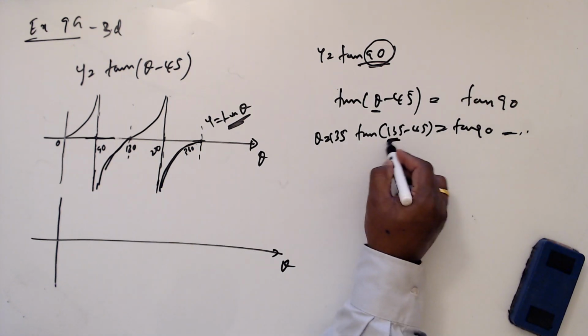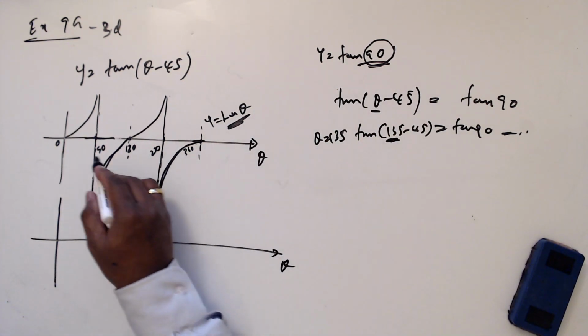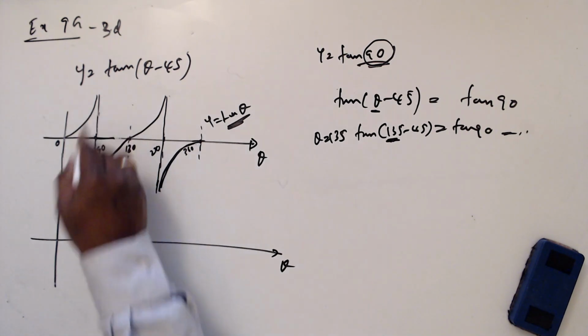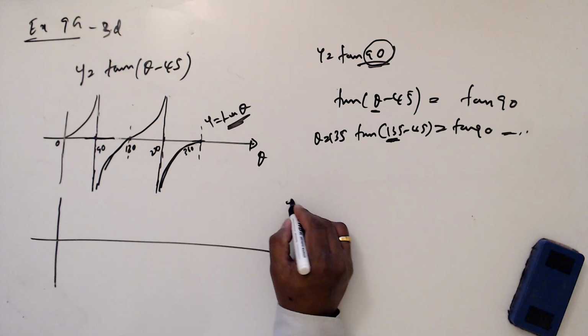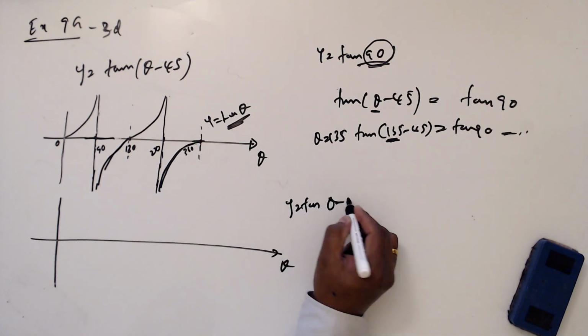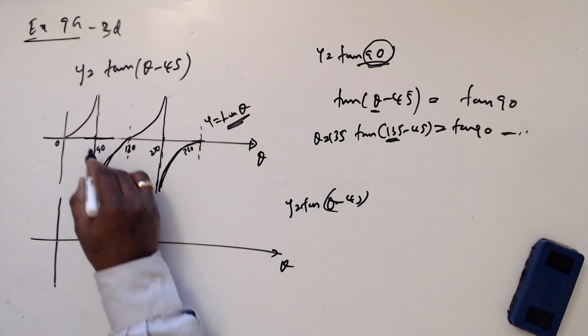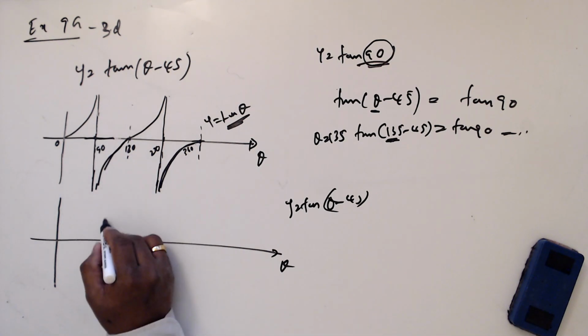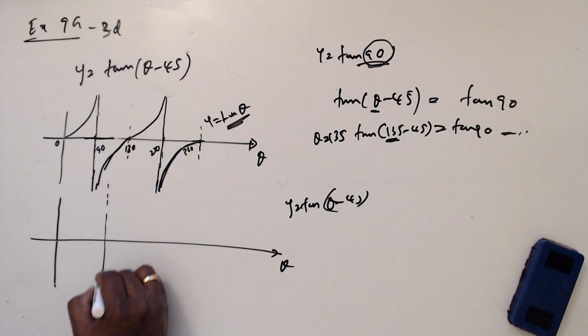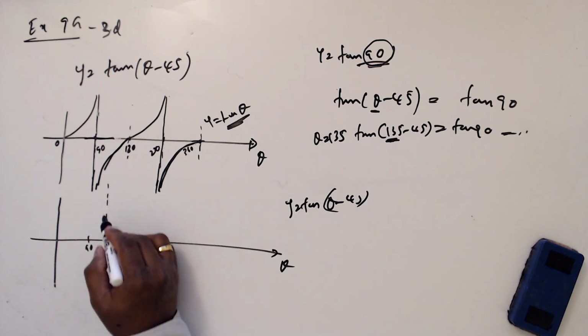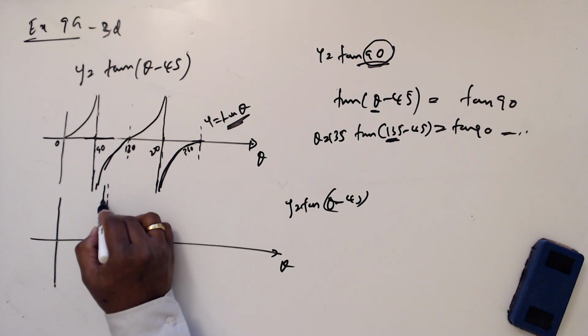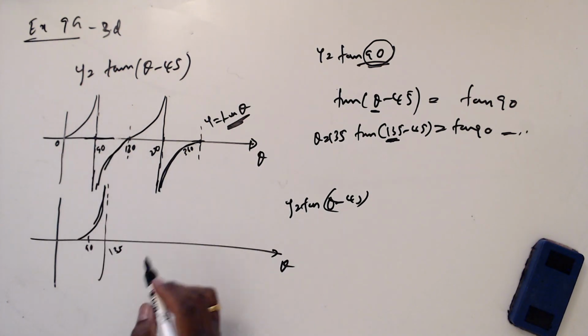It means in the tan graph this is the asymptote, but in the y equals tan of theta minus 45 graph it is no more 90, it is going to be 135. This is 90 and this is 135. So the 135 line is going to be the asymptote, not the 90 line.